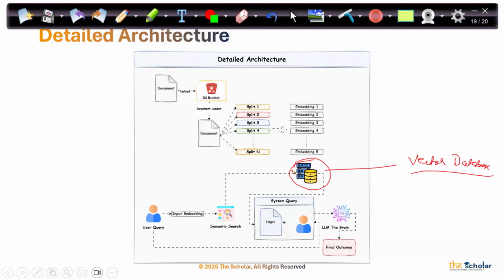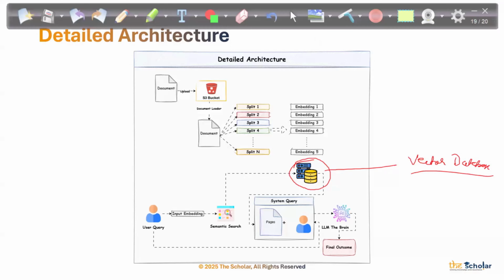One is your FAISS, which is from Facebook. One is your ChromaDB. And there are other vector databases also available. Vector databases are nothing but basically storing the data in a vector form. Because we are storing the text as numbers, and those numbers are nothing but a collection of vectors. So we are storing those vectors.